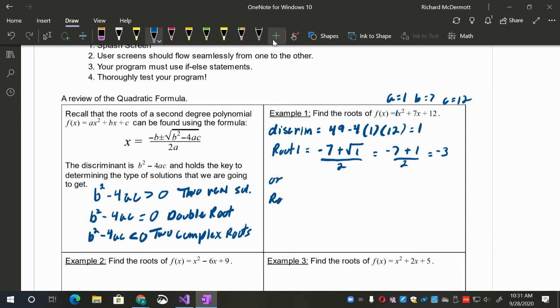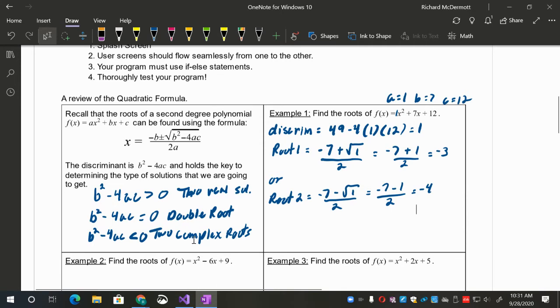And root 2 is equal to negative 7 minus the square root of 1 divided by 2, which would be negative 7 minus 1 over 2, which is negative 4. So your two roots in this case are negative 3 and negative 4.